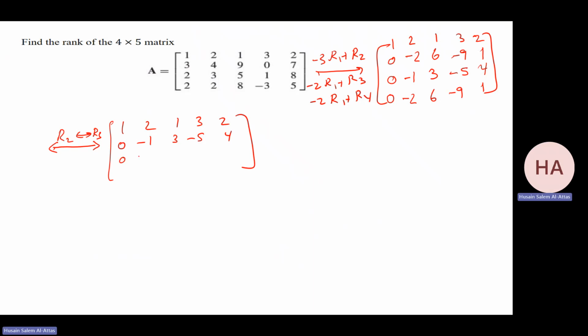Like this, 0, minus 2, 6, minus 9, 1. And I notice this is the same. So now, multiply the second row by minus 1. Yeah, I'm doing it in details. So I have 0, 1, minus 3, 5, minus 4. This is the same.